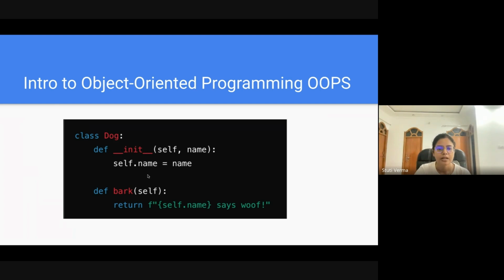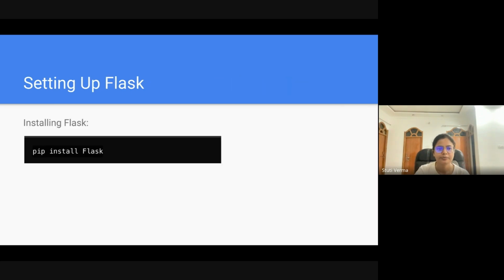We'll talk about the database at the end of Flask, because Flask kind of has API development. So first is setting up Flask: pip install Flask. If you have used the terminal, pip is a package manager that gives you a set of packages that are there in Python.